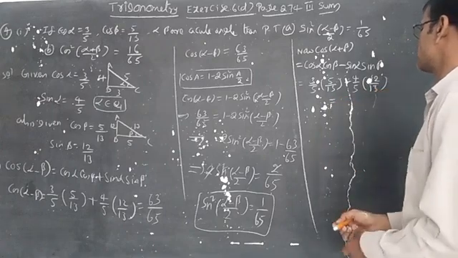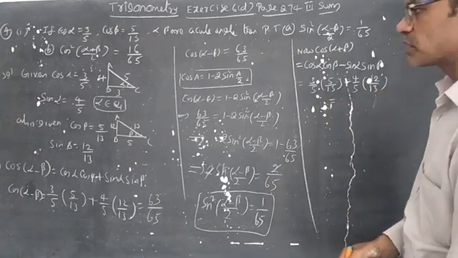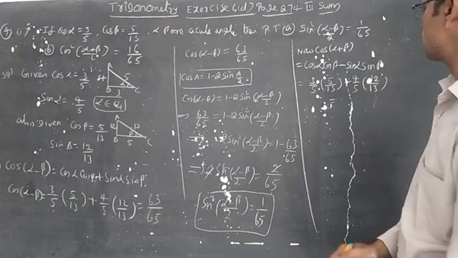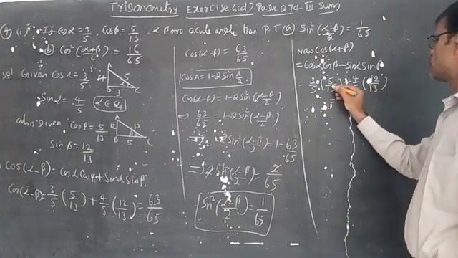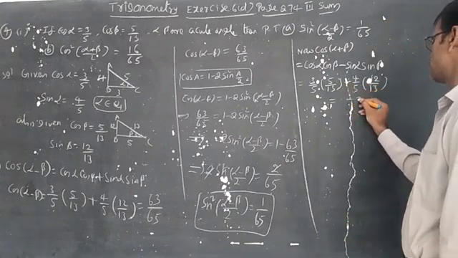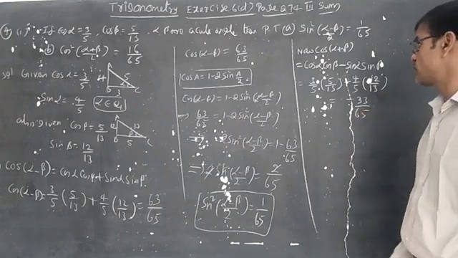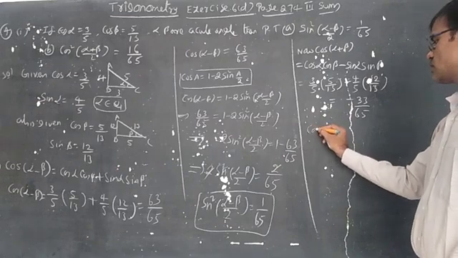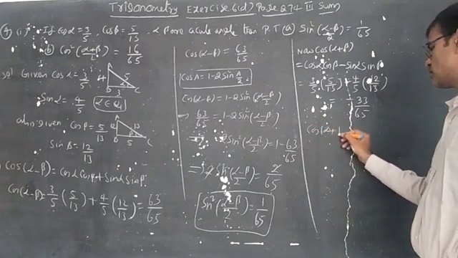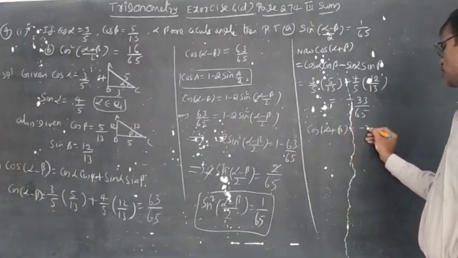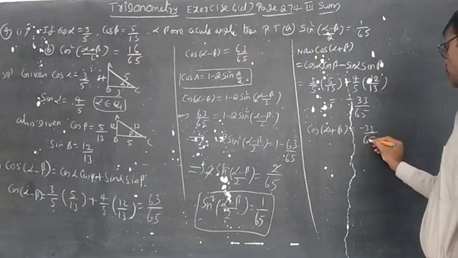Here 3 fives are 15, minus 4 twelves are 48. 15 minus 48 becomes minus 33 by 65. Now we got cos of alpha plus beta is equal to minus 33 by 65.